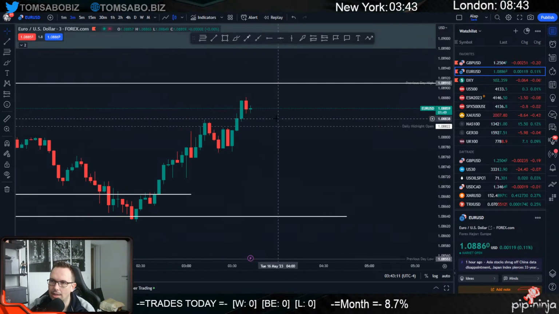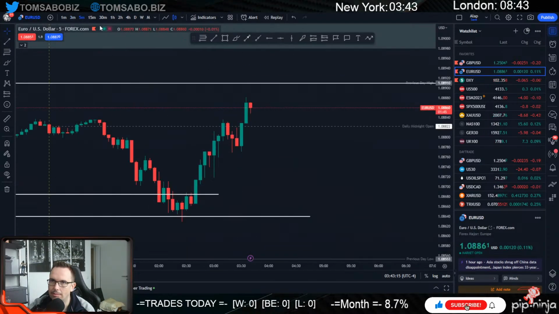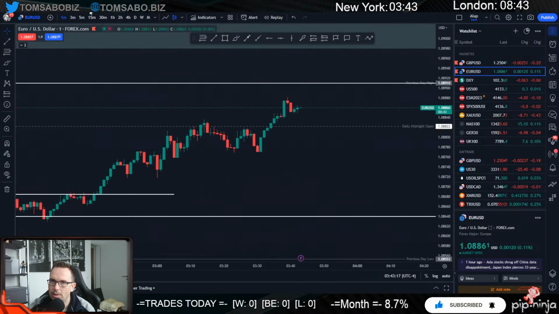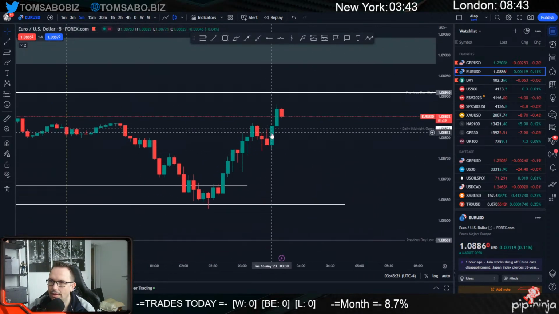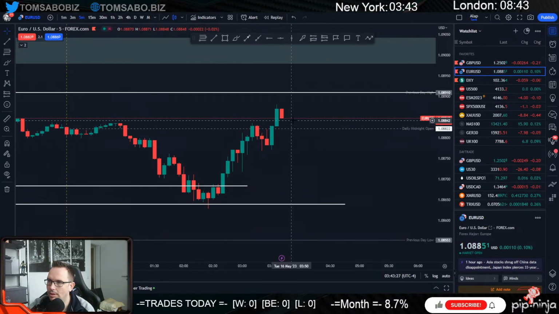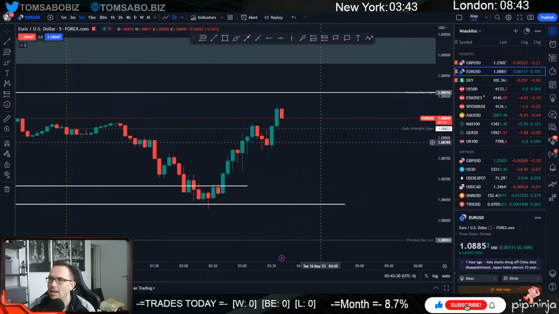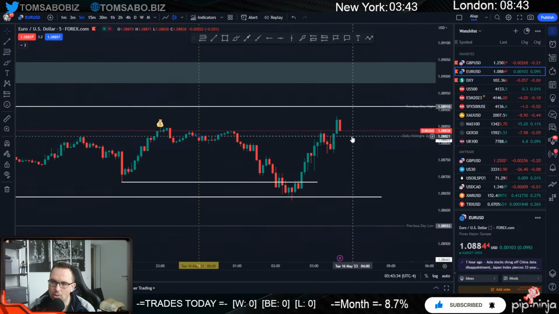Even the 3-minute candle closed above this candle, but I don't like the 3-minute that much. The 5-minute looks okay if this would stay right here. But if this candle reprices this range, then it's not valid anymore for me. So if it goes down. What I'm saying, sorry it takes so long, is you can go long.